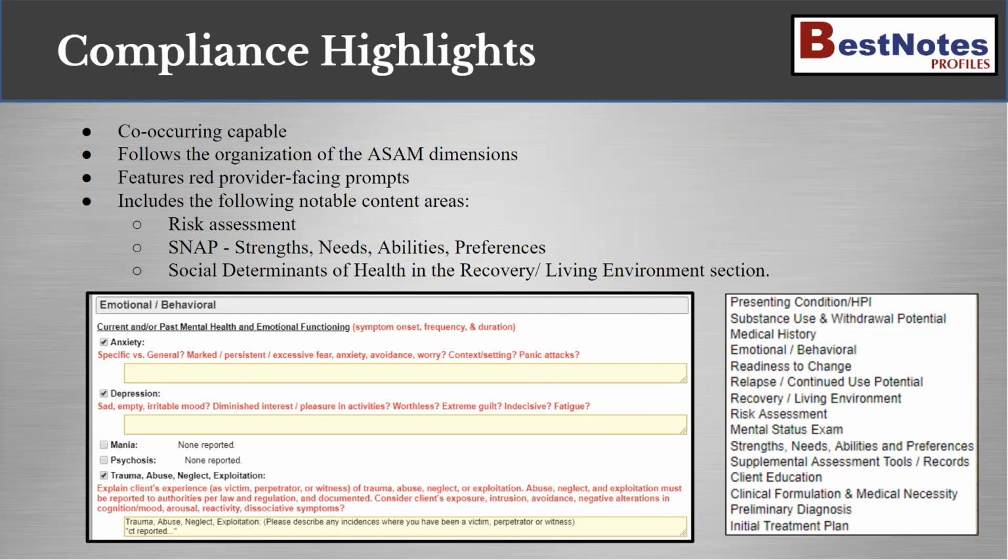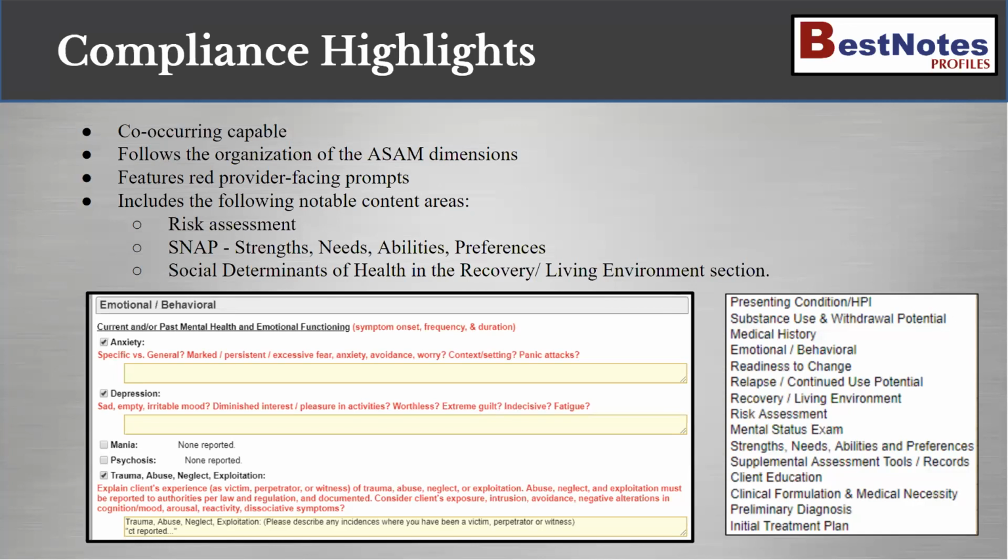We've prepared a few slides highlighting some of the most common accreditation compliance questions that we receive at BestNotes. The assessments specifically within the profile are co-occurring capable. They follow the organization of the ASAM dimensions.